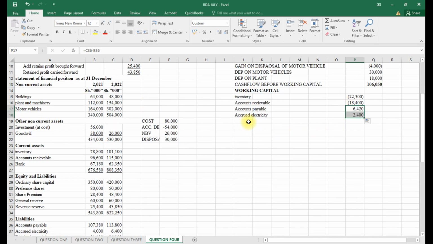Yeah, that way you can get now the total cash flow from operating activities, because it did not pay any tax.